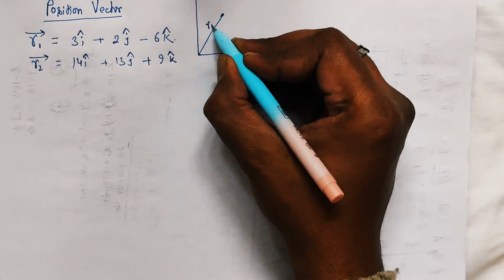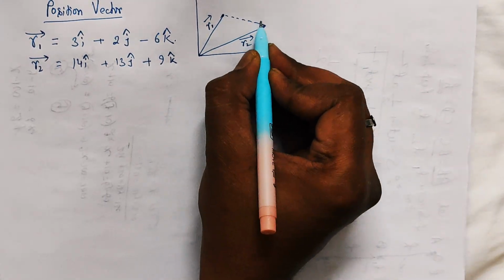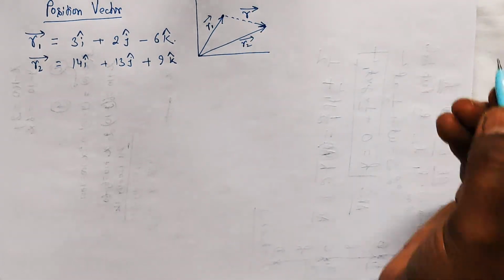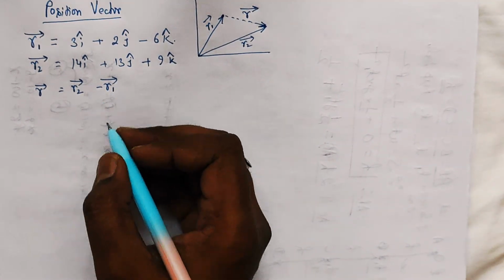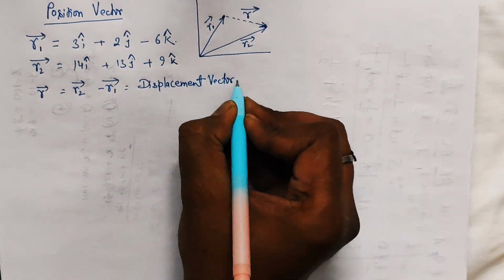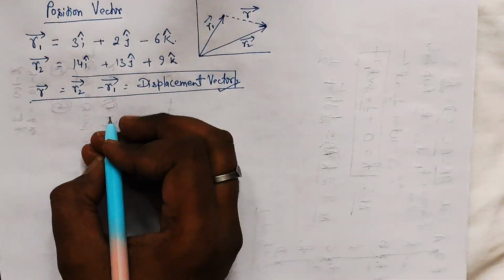So, if the position vectors are given as, let's say, r1 and r2 as shown over here, now the displacement vector r will be equal to vector r2 minus vector r1. So this will be the displacement vector.